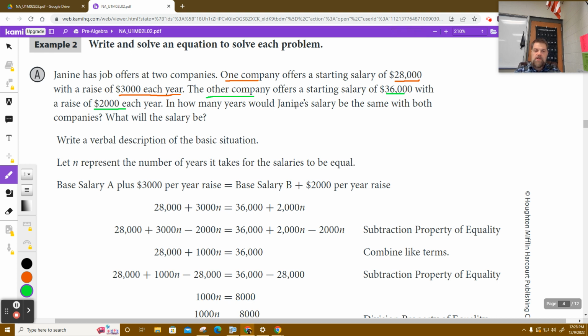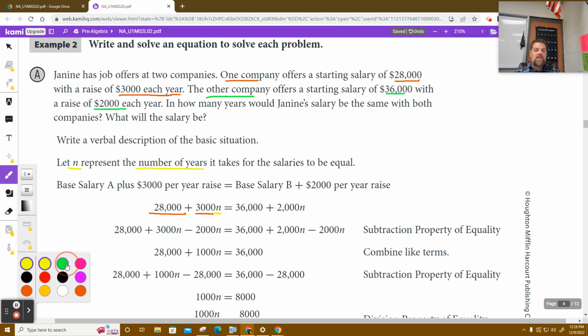So here's the trick. To do this problem, you've got to think of the initial conditions. At $28,000 a year, you start off with $28,000, and then you get $3,000 for each year. So we're going to let n be the number of years. That's where the n comes from, 3,000 times the number of years.